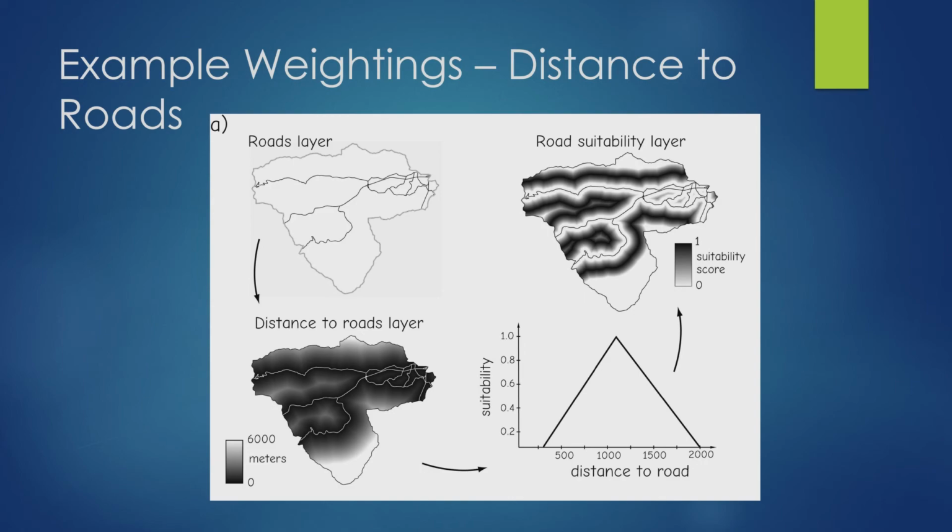So you can make a road suitability layer by taking the roads layer and calculating the distance to the roads. And sometimes you have to think in your head, okay, well, what I actually want, the relationship is the further you are from the road, the better, right? And so at first you create a distance to roads layer.